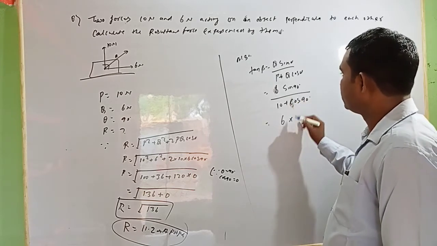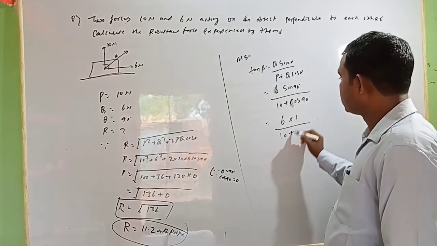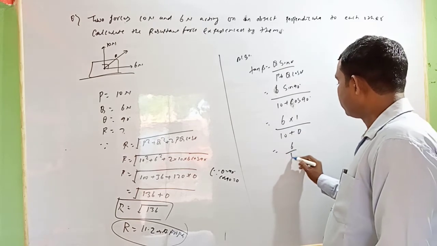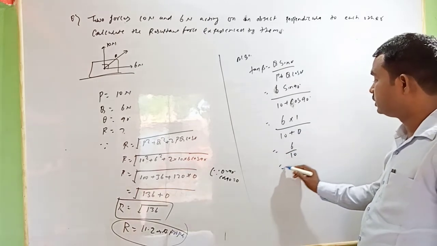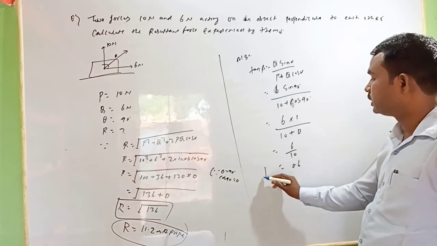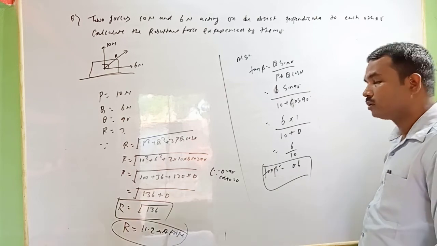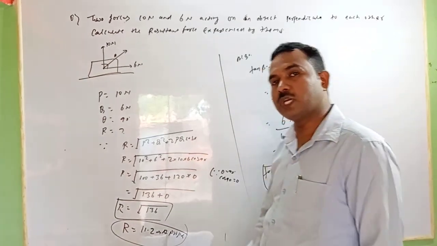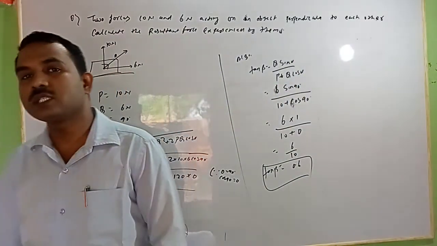Then you will write 6 into sin 90, which is 1, over 10 plus 6 into cos 90, which is 0. So you will write 6 by 10, which means 0.6. This is tan beta. You can also write beta in the inverse form, or you can convert it into angles.